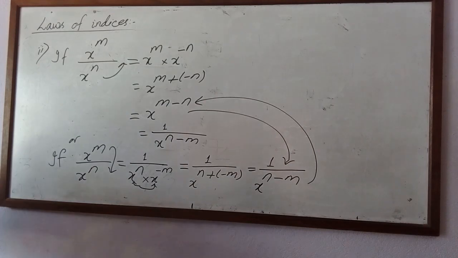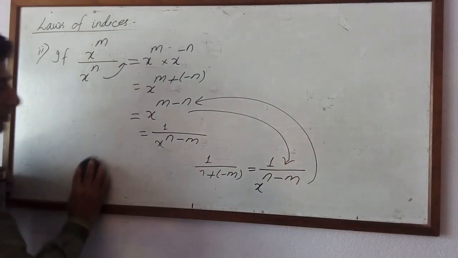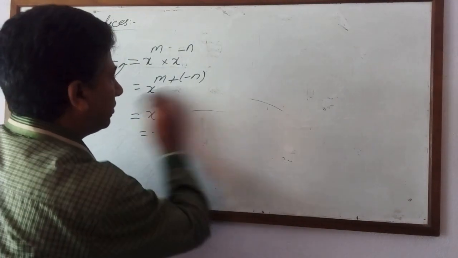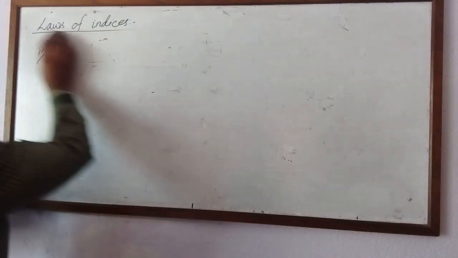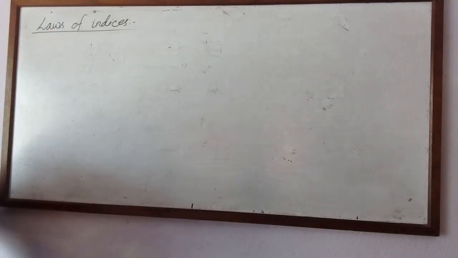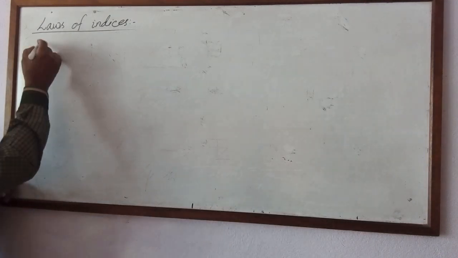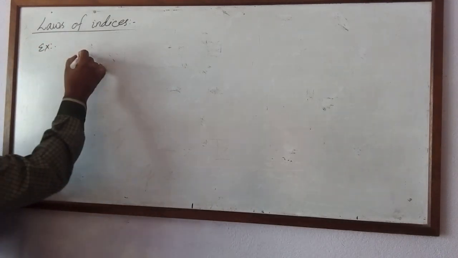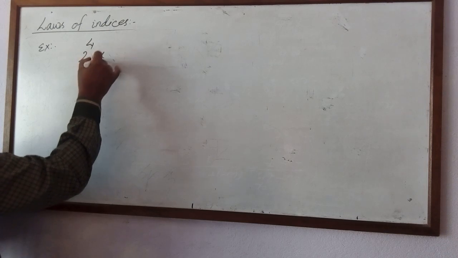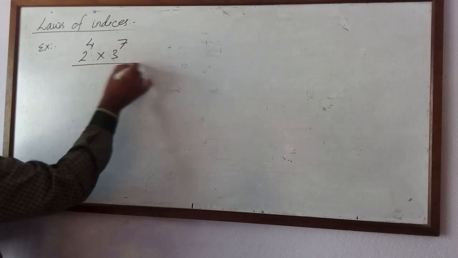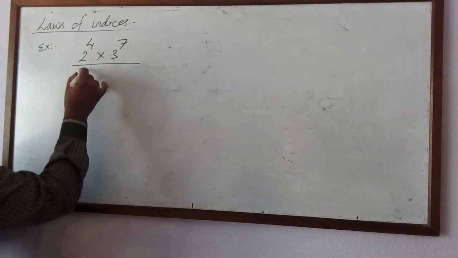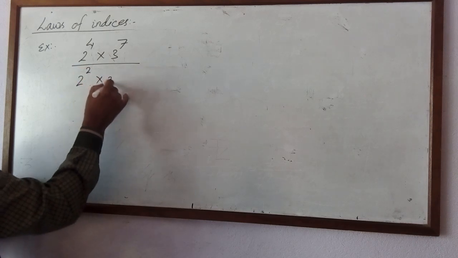Now I'll give some examples of how to use this formula. See the example. Okay. Example: 2 power 4 times 3 power 7, 2 power 2 times 3 power 8.